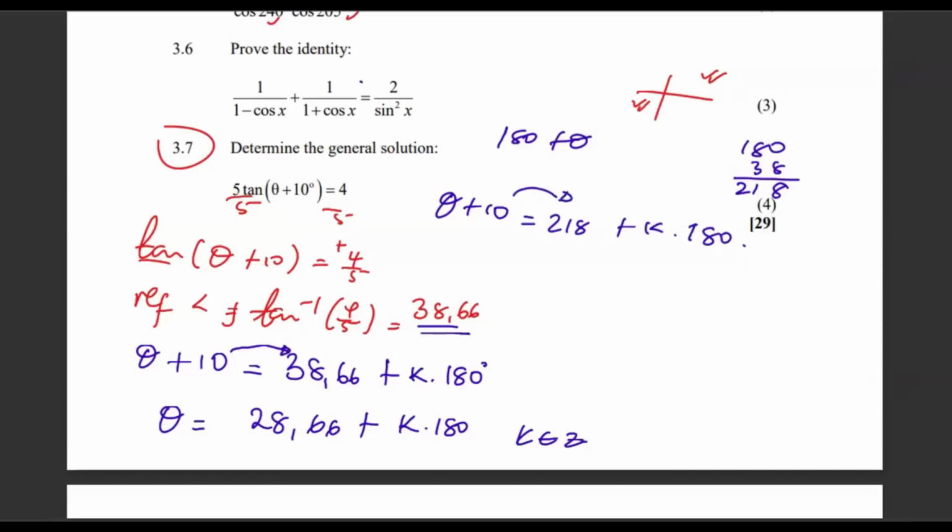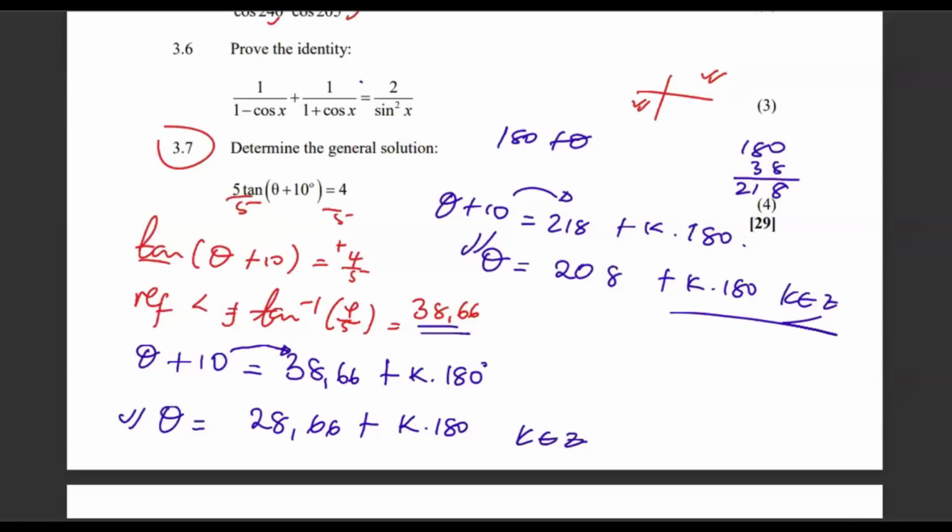Move the 10, meaning that the second solution will be 208 plus k times 180. K is an element of integers. So this is what was needed for that particular question. All right, so that is question number 3.